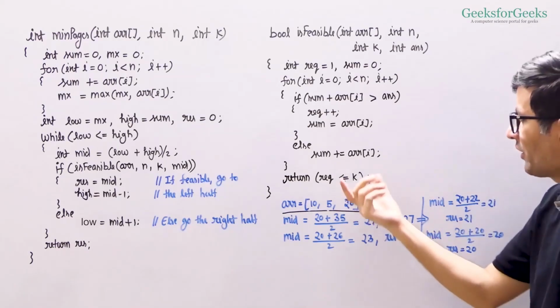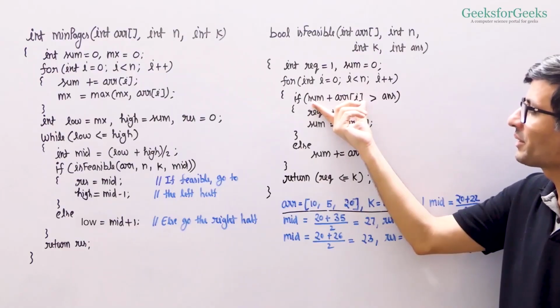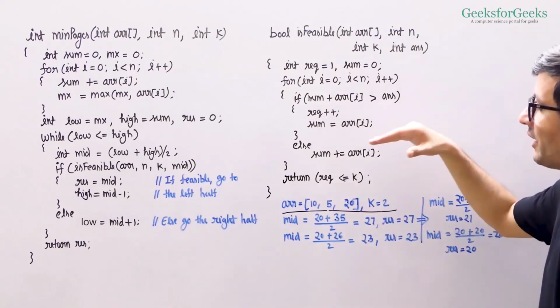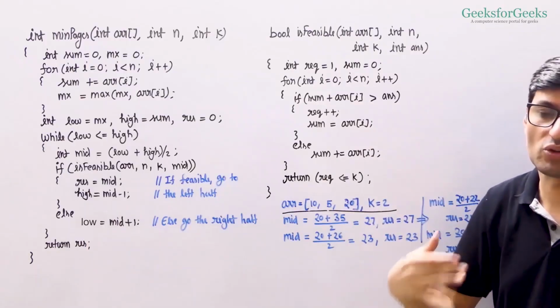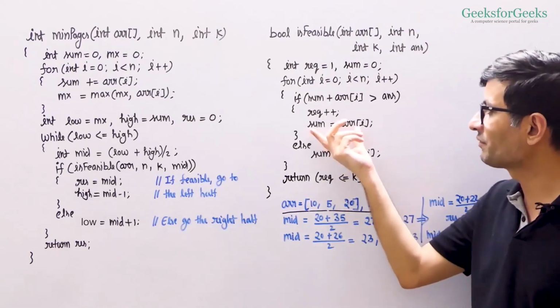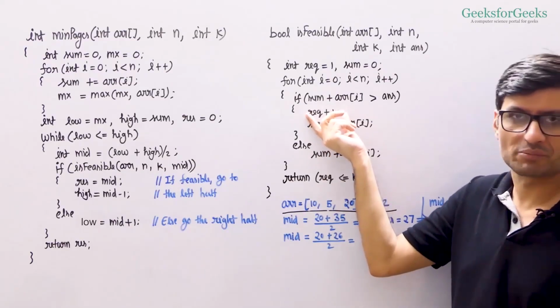If we can include it, we include it and update the current sum. And after including it, if sum becomes more than the answer which is provided to us, then we need to increment the required students and we need to begin with a new student. So sum for a new student becomes ARRI and the number of required students increments by 1.